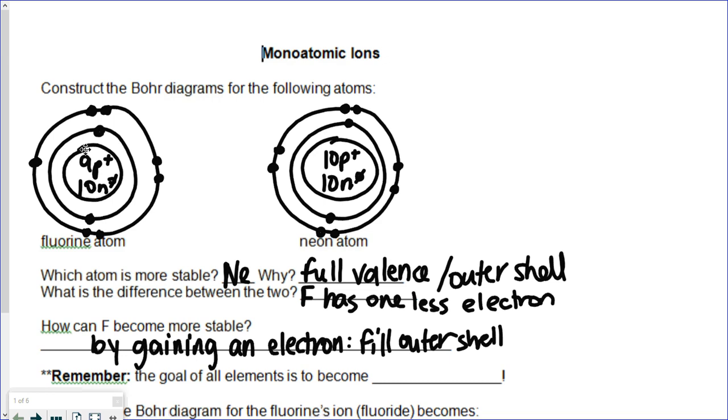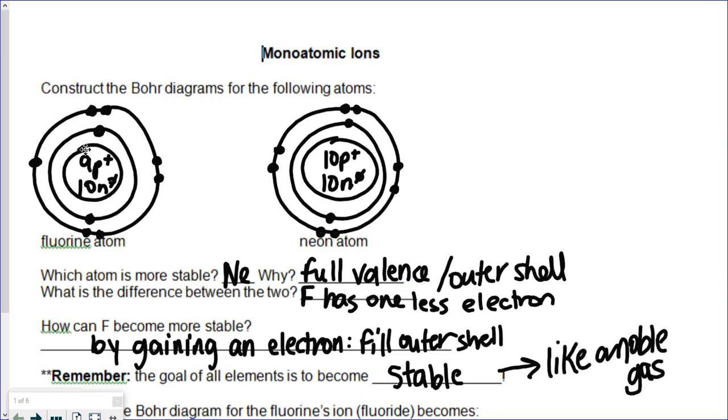So remember, the goal of all elements is to become stable. And I mentioned this last time: if you look at all of the noble gases, they all have a filled valence shell.